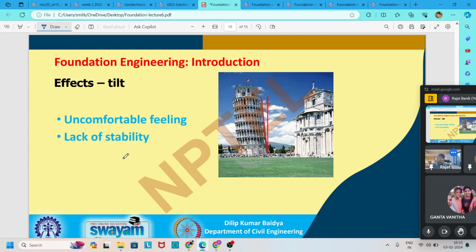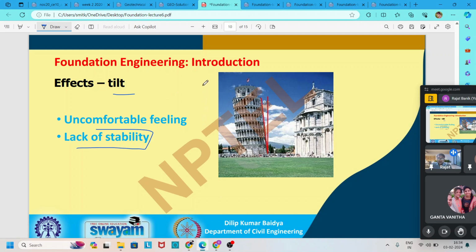Then in tilt, the structure may be stable, and may not collapse, but there may be an uncomfortable feeling. Also, there may be a lack of stability of the structure.